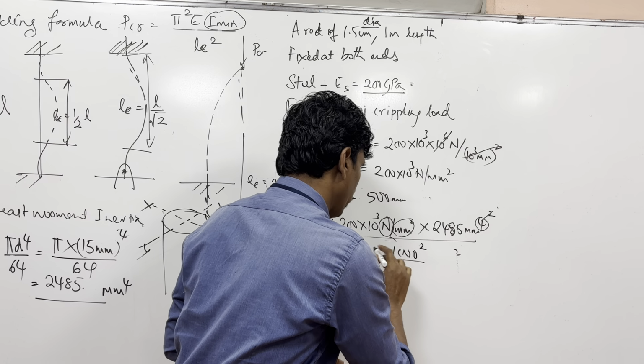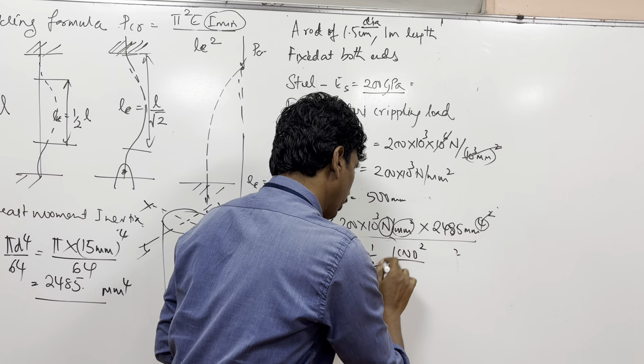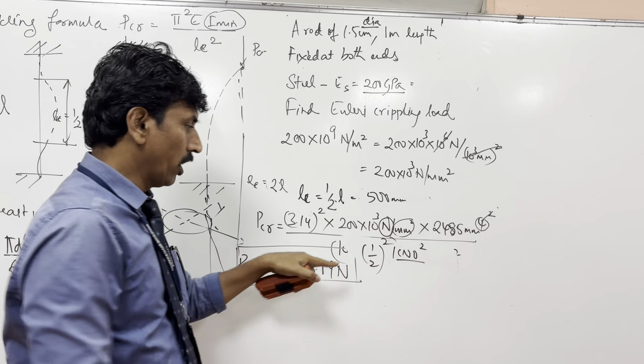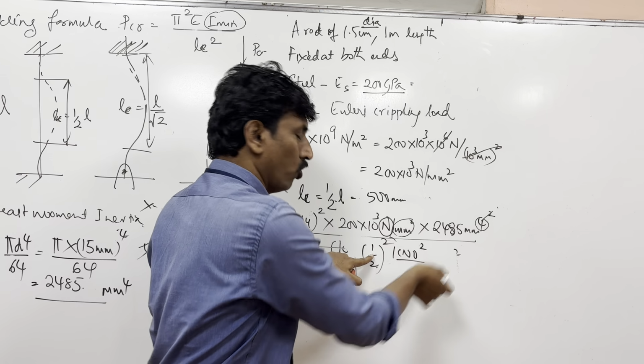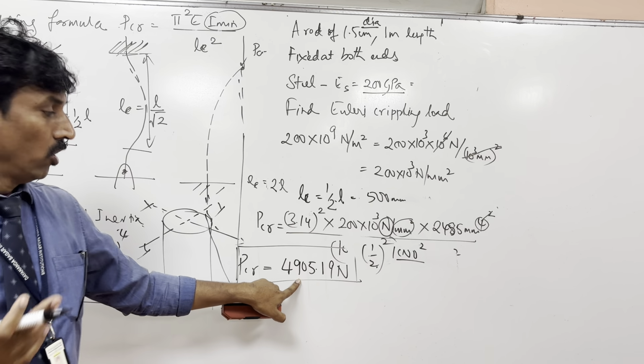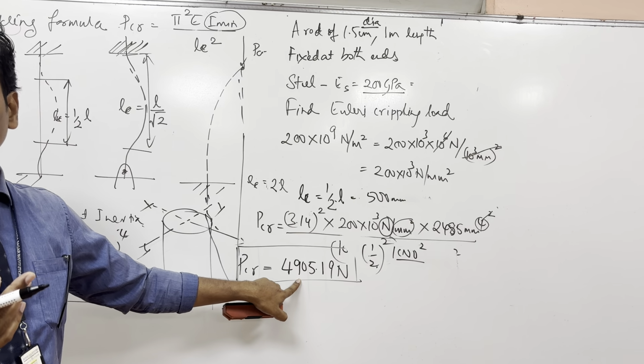So it is 1000 divided by 1 by 2 square, and this 4 goes up. So this should have been 4 times larger. Like this, you can use this Euler's equation to solve numericals.